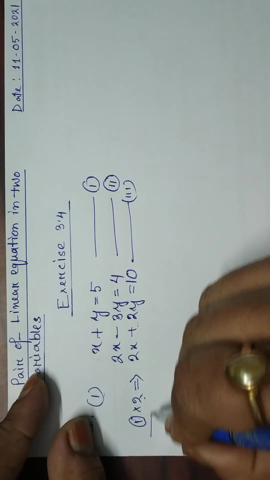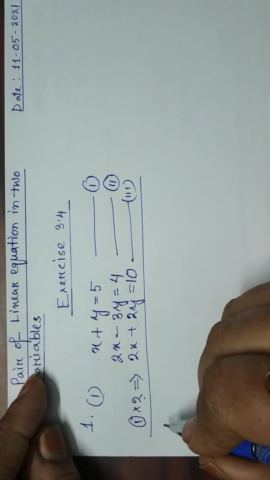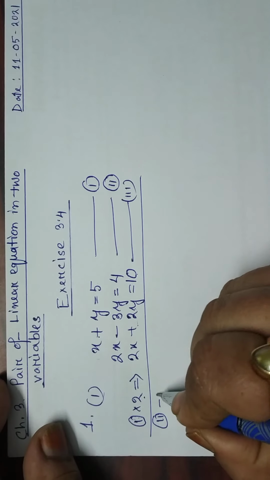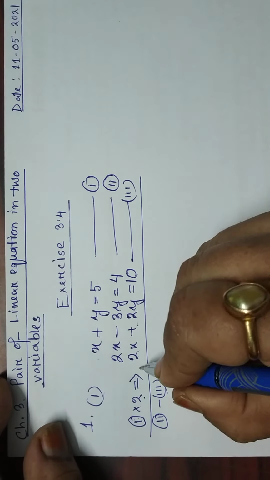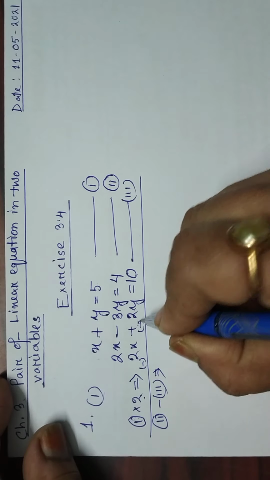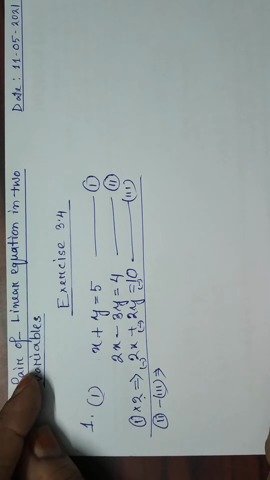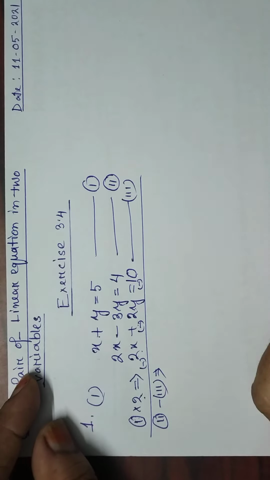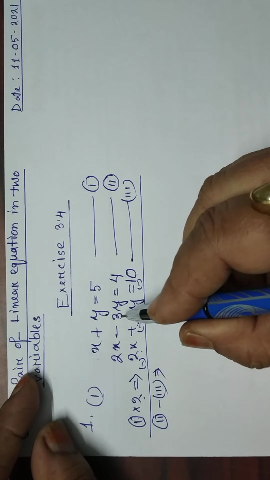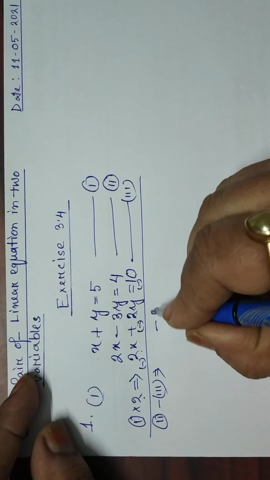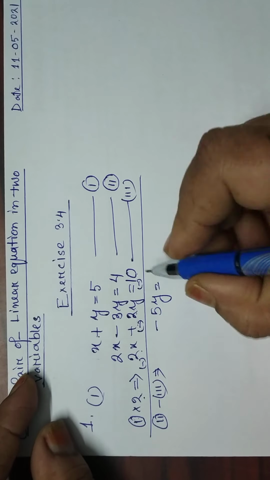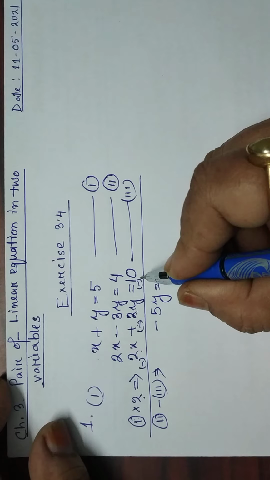Now if we subtract equation 3 from equation 2, then the signs change. Then the 2x will be cancelled, and minus 3y minus 2y is equal to minus 5y is equal to 4 minus 10.